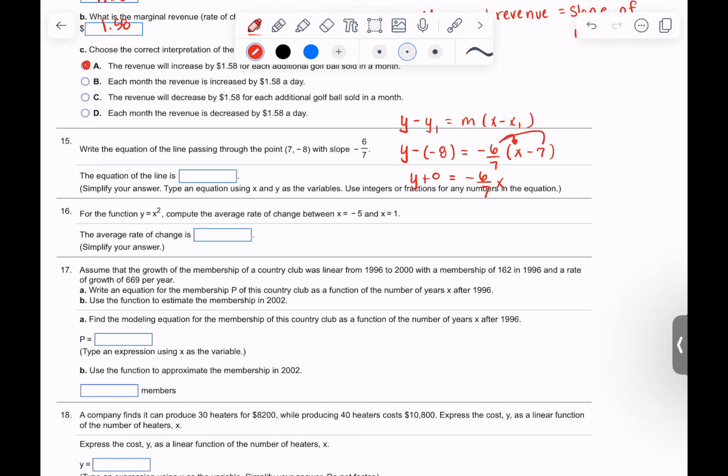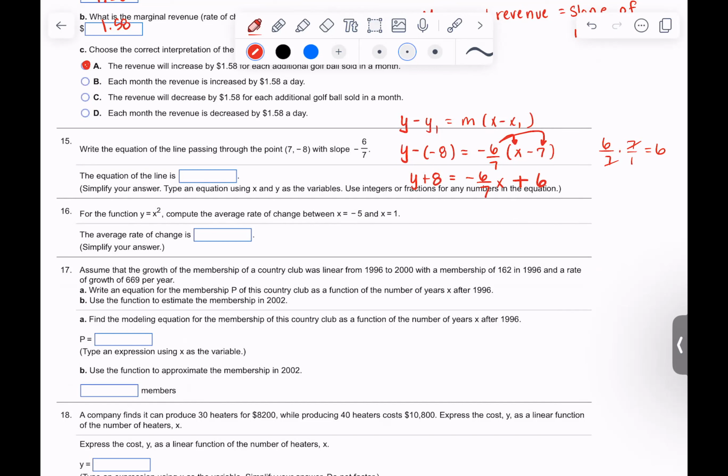And then to distribute it across the -7, we're distributing a negative across a negative, which is going to give us a positive. And then we're multiplying 6/7 times 7/1. To multiply fractions, we multiply straight across, but I can cancel the 7 and I get 6. So that's +6.